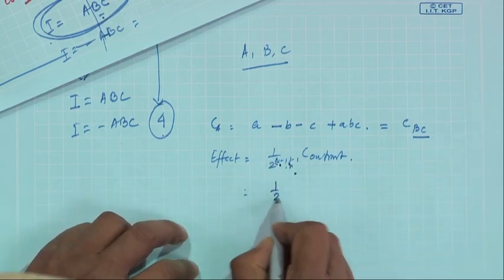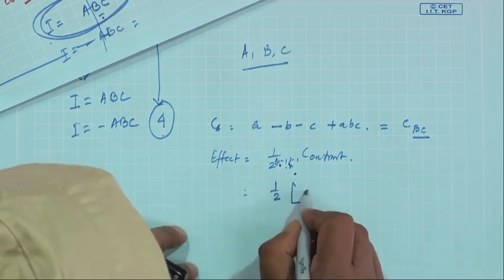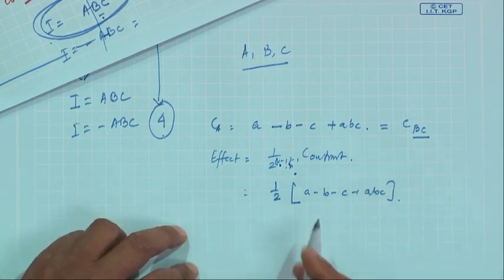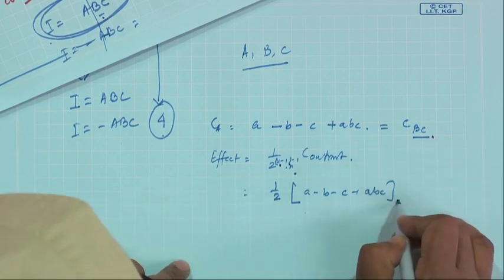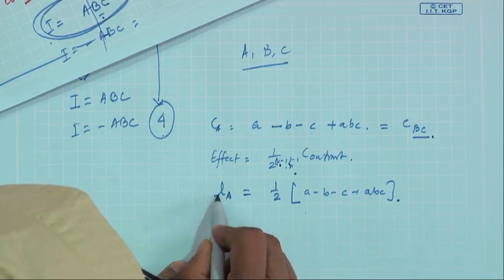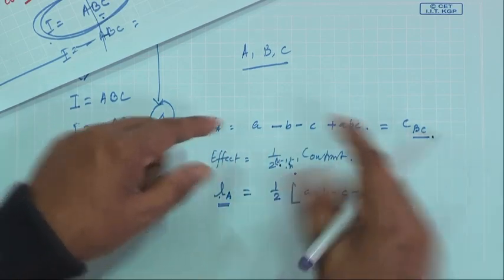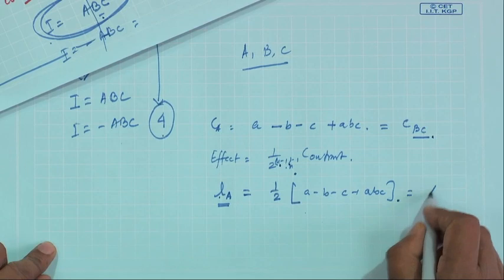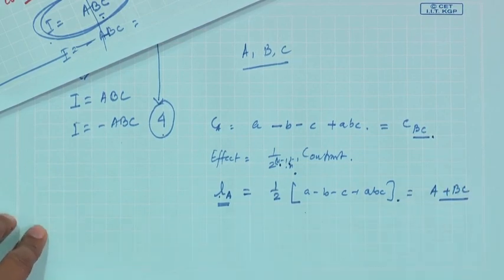That means 1 by 2 into A minus B minus C plus ABC. If I say this is the effect of A, it also includes the effect of BC. As a result, we use the letter L and write LA, because A's effect and BC's effect are confounded. So we can say A plus BC, that is the purpose.